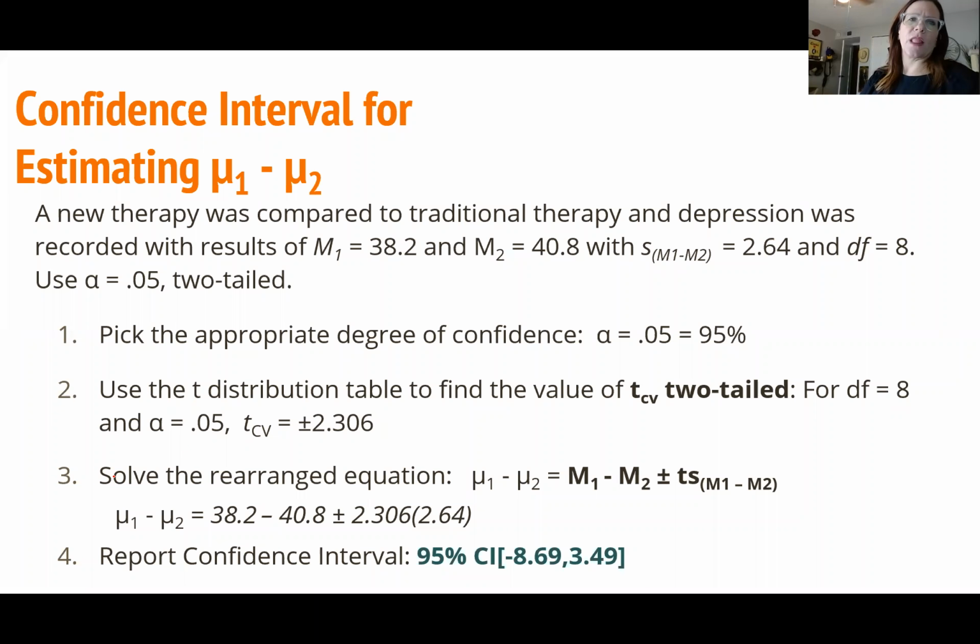Now, the confidence interval has to be calculated. So we have all of our information from before: our sample means, our estimated standard error, which is in the denominator, and the degrees of freedom that we used for the total study.